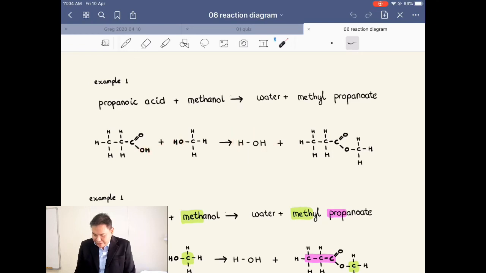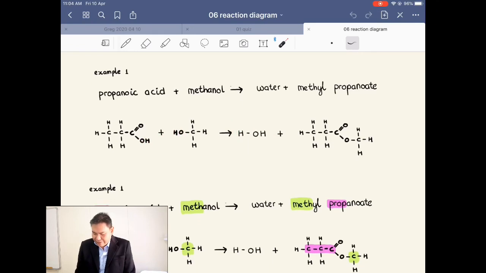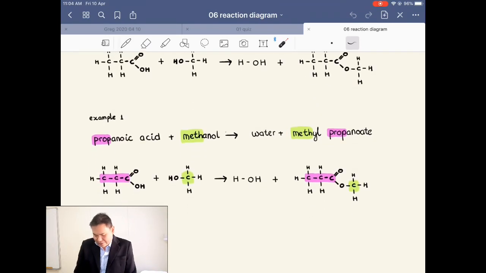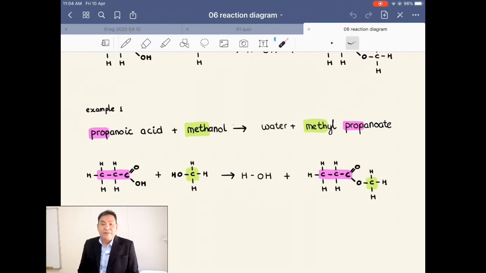And the main organic product is methyl propanoate. If you look at this thing, my explanation with the color there maybe is a bit easier.